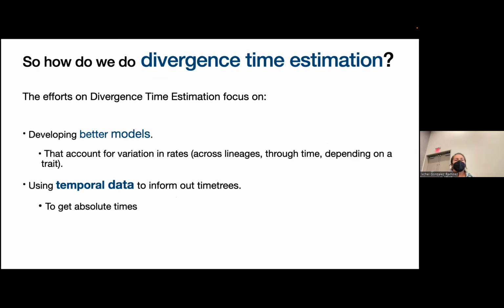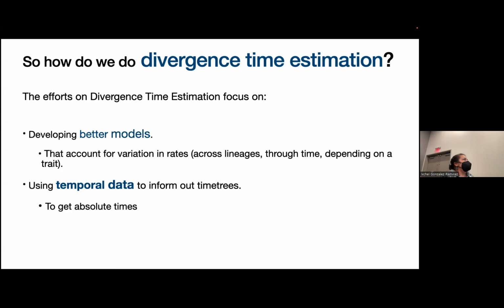So when we're doing divergence time estimation, we really need to develop better models than the strict clock, and there are such models. What we want to achieve is to account for variation in the rates across lineages. Some lineages will change fast, some will change slower.